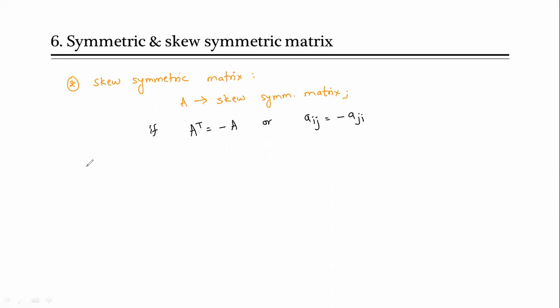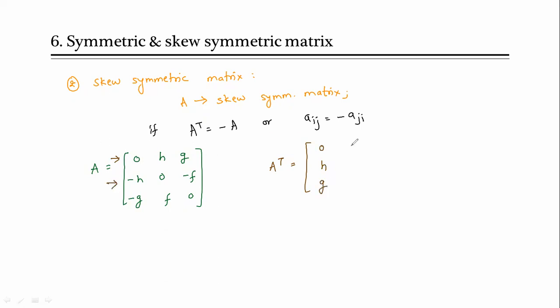Now let us see the example. For example, I am considering this matrix A. Now, if I have to write its transpose, this is the first row, write it as a column.